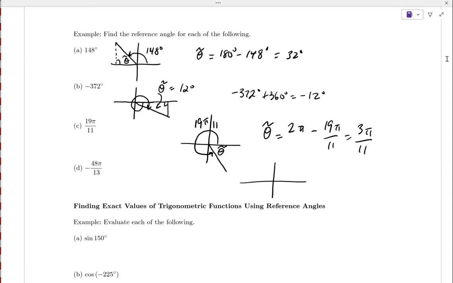So how many 13ths is that? 26, right? If I go another pi, that's another 13, plus the 26 is 39. And then all the way over here would be 52, if I came all the way back around. 48 is closer to 52 than it is to 39, so it must be in quadrant 1.